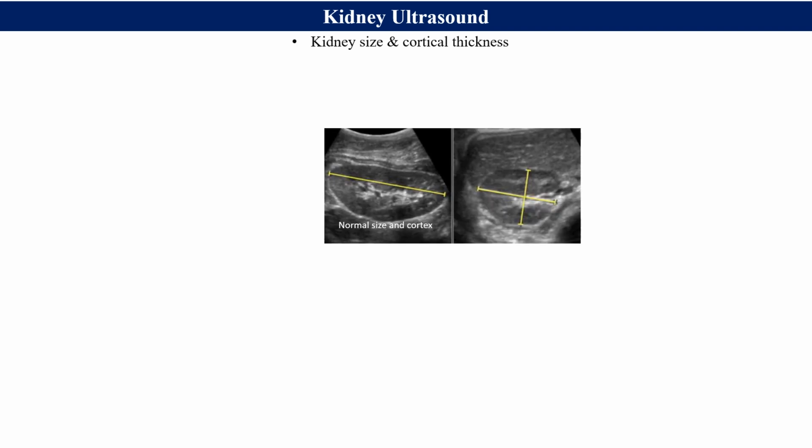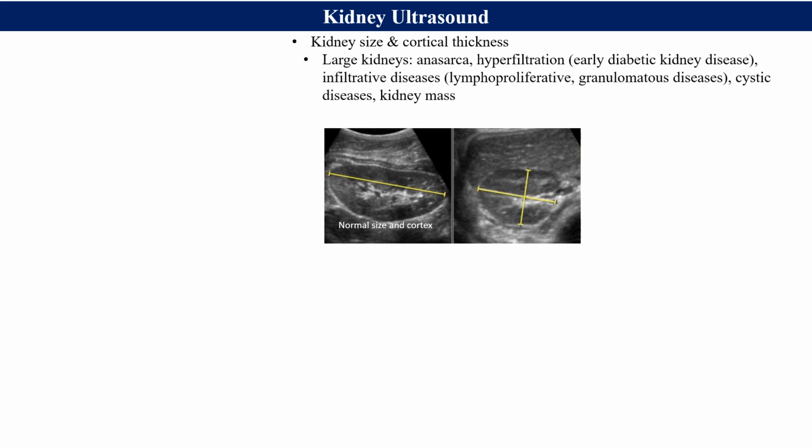Moving on to renal imaging studies. Kidney ultrasound is an inexpensive and non-invasive test that can provide structural information about the kidneys. Kidney ultrasound can evaluate kidney size and cortical thickness.